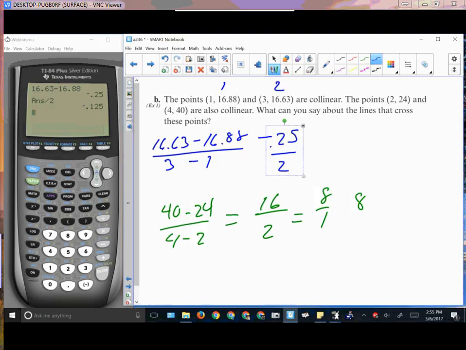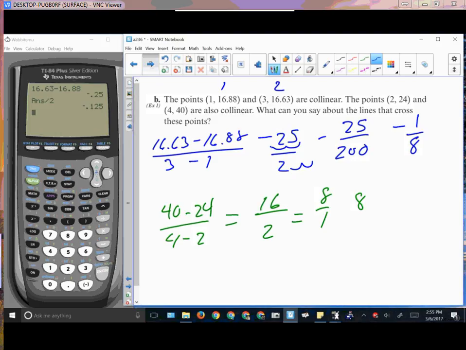But that top one is still bothering me, isn't it? Well, let's see. What happens if I move the decimal point over 2 places? That'll be 25 over 200. Let's see, how many 25s are in 200? Negative 1 over 8. How many quarters are in $2? Okay, so there we go.